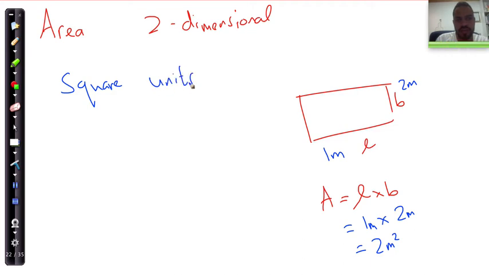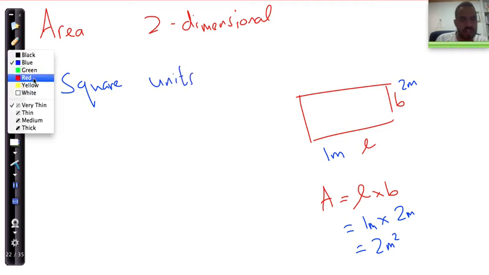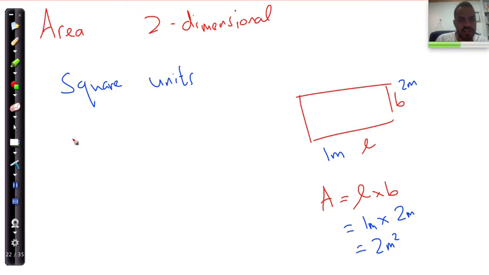So when we talk about area, it's measured in square units, and these units could be square kilometers, square meters, square centimeters, or square millimeters, right? And we're going to use a similar table to discuss how to convert between them. We could have been using an imperial system where we talk about inches and feet, but that will be discussed in future videos. Okay, so let's break it down.